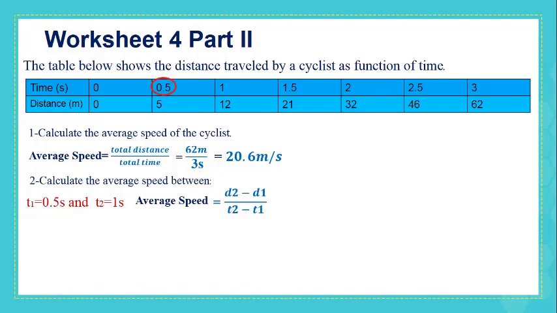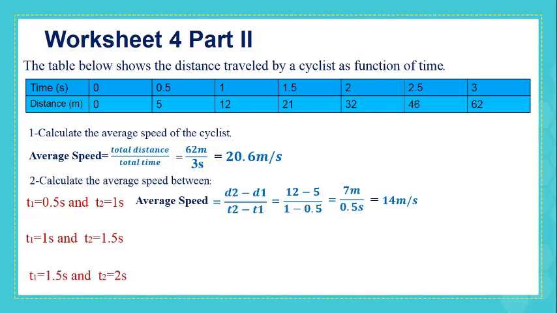At t1, distance d1 is 5 meters. At time t2, distance d2 is 12 meters. So (12 minus 5) divided by (1 minus 0.5), the answer will be 14 meters per second. We use the same method to calculate the other values of average speed.